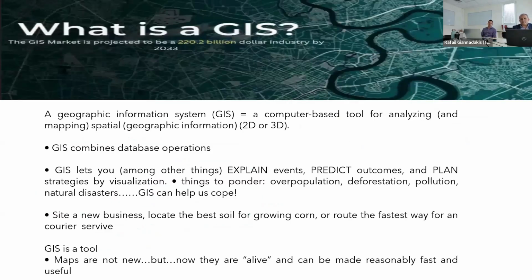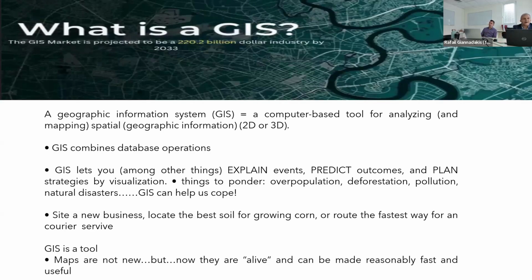So, going on, what is a GIS, to give you some ideas? Looking at the future perspective, in some years we will have $1 billion invested. You can understand it because, as you say, especially with GPS technology, everything is on a map.